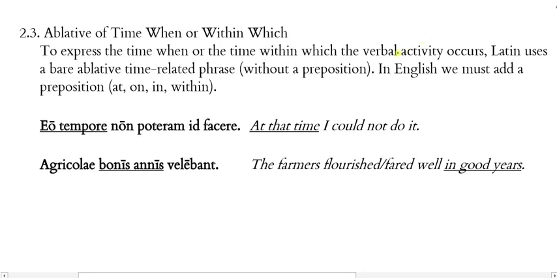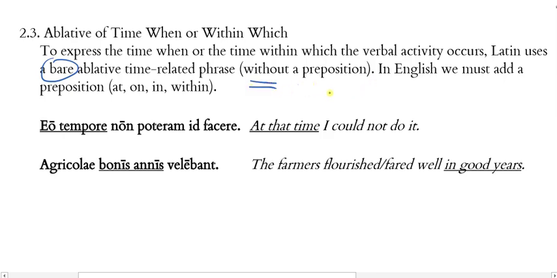All right. Last part here is the ablative of time, when or the time within which something happens. So to express time when or the time within which the verbal activity occurs, Latin uses a bare ablative. That means nothing but the ablative time-related phrase. To put it another way, it occurs without a preposition.